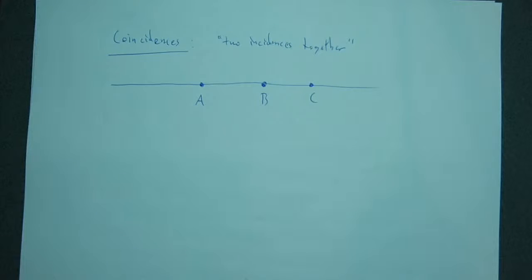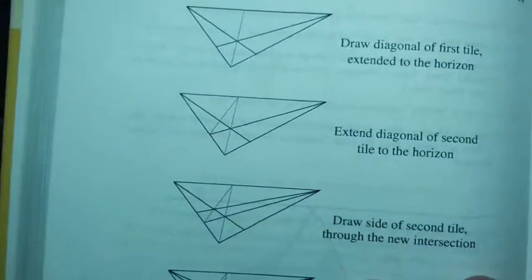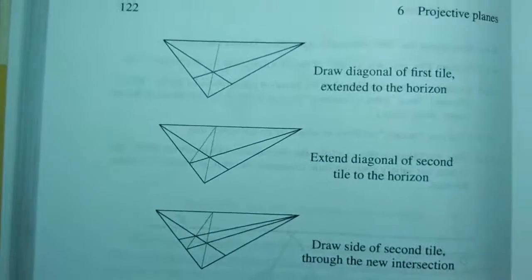And to see an example of how this works, I want to refer to that. So again, this is going to be me not writing that much here and looking at the book because the picture will be a lot clearer. So if I look here, I want to refer to this old construction of a perspective view of a tiled floor.